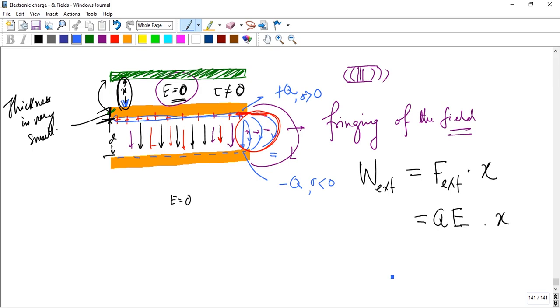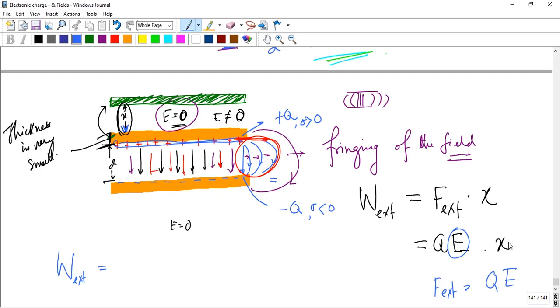Now the work done by the external force is equal to the force external, that is Q times E, and here the average electric field. The electric field is in that direction. We all know that E equals sigma over epsilon naught, but here the average over the upper part, from 0, gives a factor of 1 by 2.